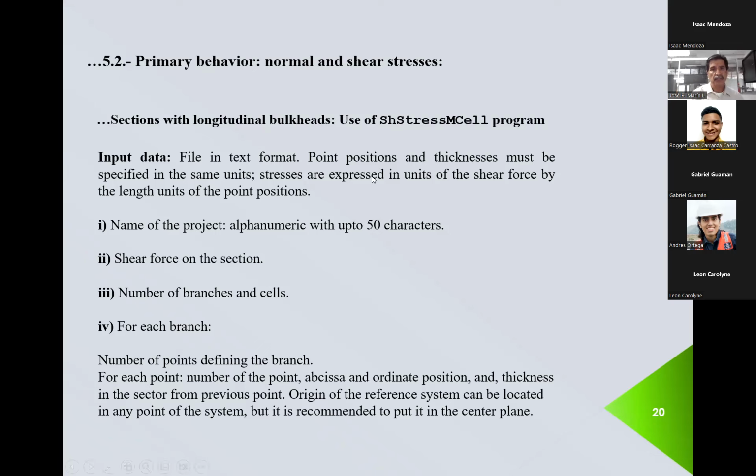The positions of each point that you employ in order to define the paths, and the thicknesses must be in the same units, okay? You also have to specify the shear force, okay?